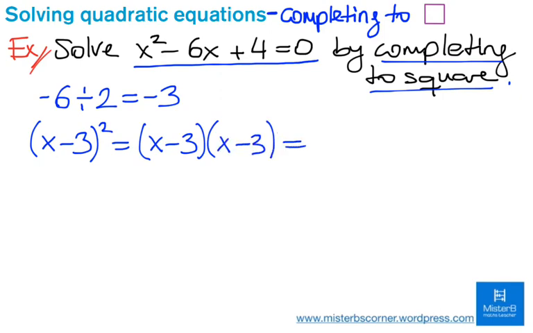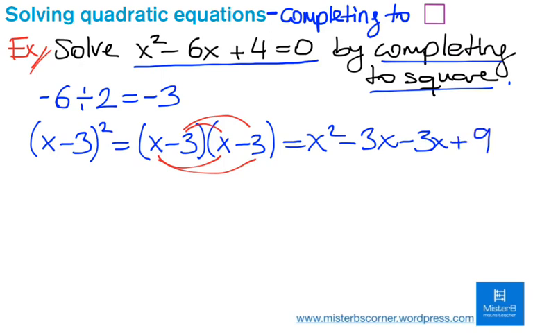So this will give me x times x being x squared, x times minus 3 will give me minus 3x, minus 3 times x will give me minus 3x again, and then last but not least, minus 3 times minus 3 is plus 9. So if I simplify this, I'm going to end up with x squared minus 6x plus 9.